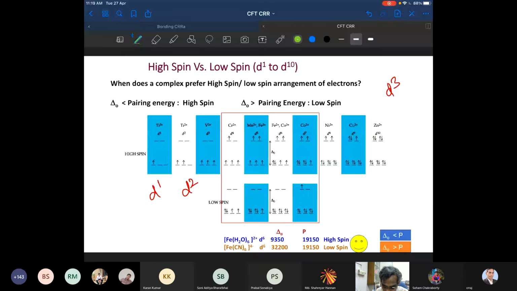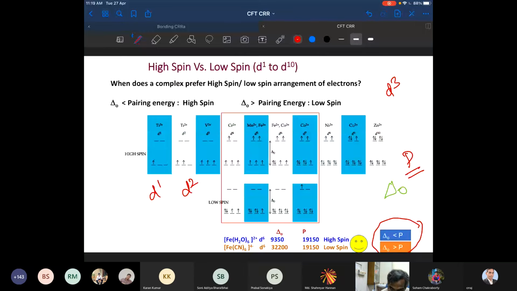Right. Now, what needs to be known is that there are two things: you have your del O, and then your pairing energy. Here I have mentioned briefly, at the bottom: del O is less than the pairing energy, and del O is greater than the pairing energy. That is what we talk about for high spin and low spin complexes.